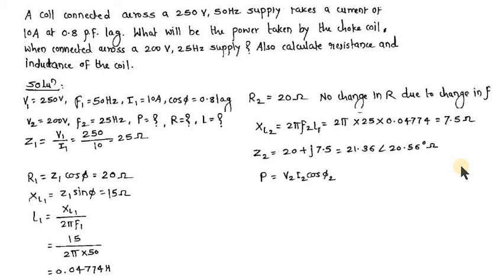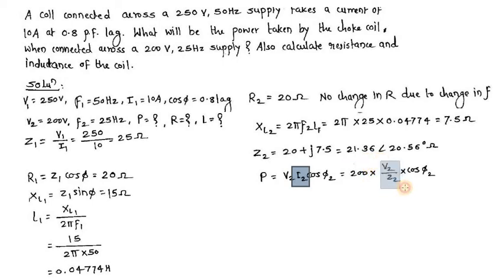So if I move further to find the power involved in the second case, I should write the formula V2 I2 cos φ2. Active power is to be found. So P = V2 I2 cos φ2. Then V2, the value of voltage in the second case, is 200 volt. I2 was not found out earlier, but it can be found out over here itself.